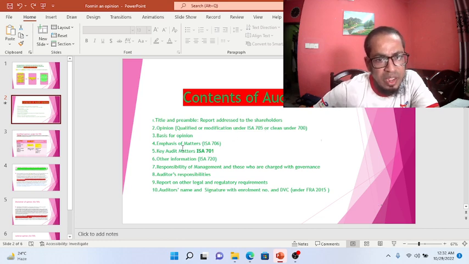Basis for opinion: emphasis of matters 706, key audit matters 701, other information 720, responsibility of management and those charged with governance, auditor's responsibility, external auditor's responsibility, report on legal and regulatory requirements, auditor's name and signature with enrollment number and DVC system under FRA 2015. This is local law and this must be complied with by the external auditor to issue any audit report.